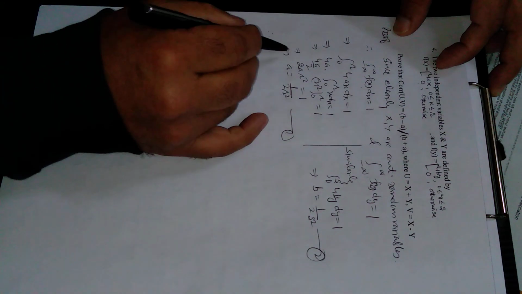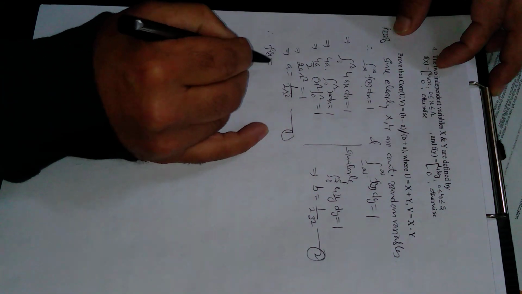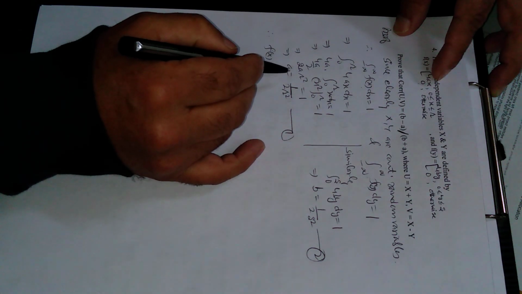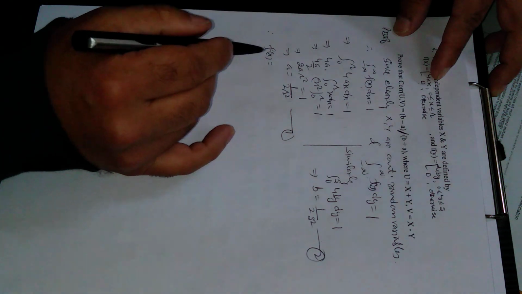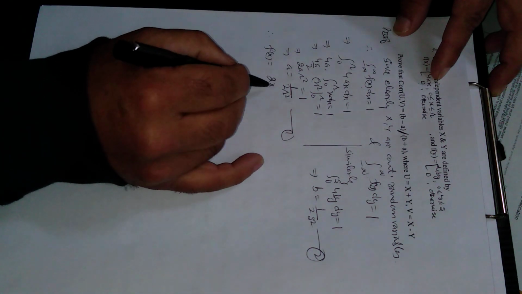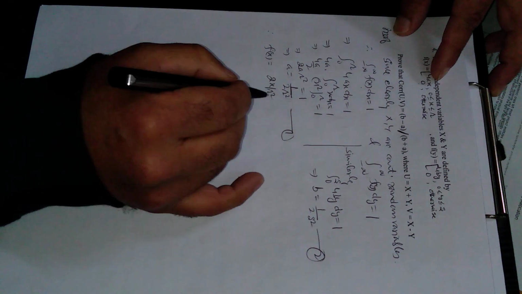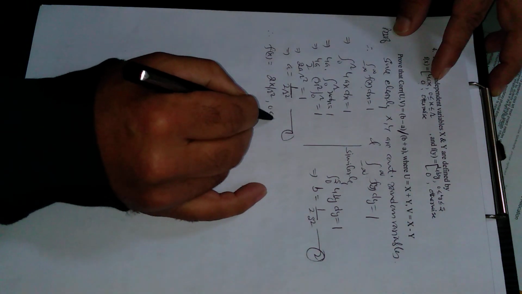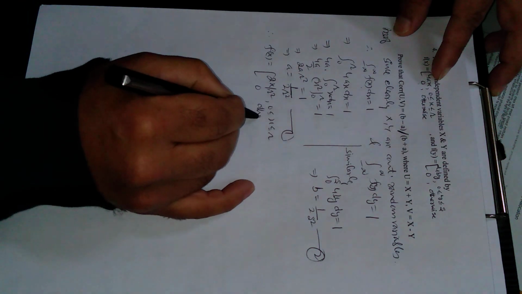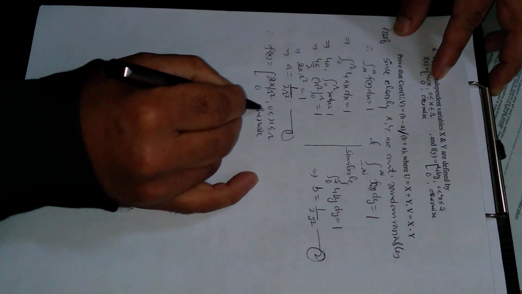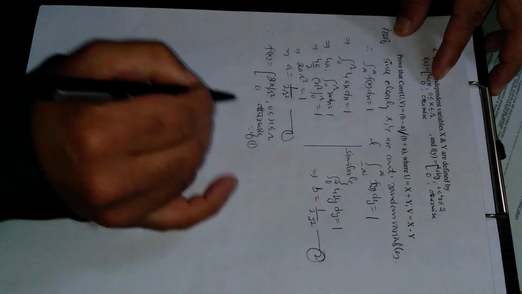Therefore the density function f of x, substituting the value of a here, will be 2x upon r square, provided x lies between 0 and r, and 0 otherwise, because of equation 1.